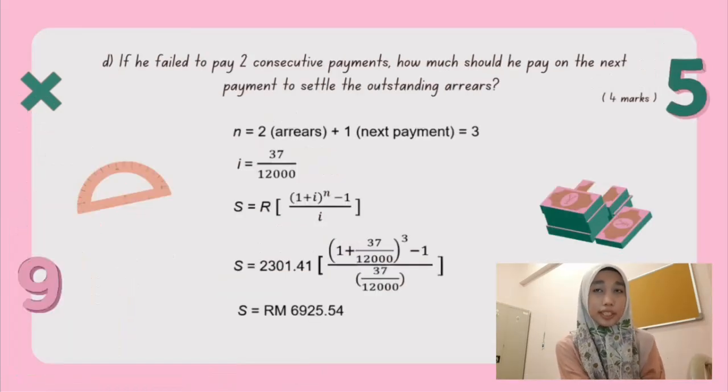Question 2D. If he failed to pay 2 consecutive payments, how much should he pay on the next payment to settle the outstanding arrears? So from the question, we know that the new value of n is 3.